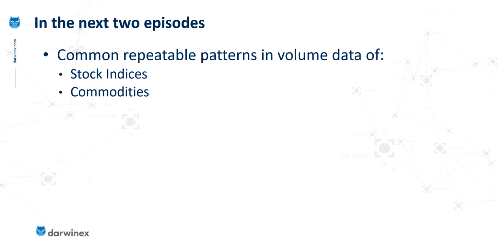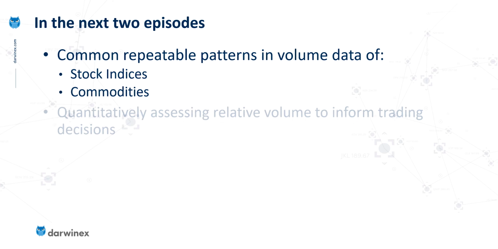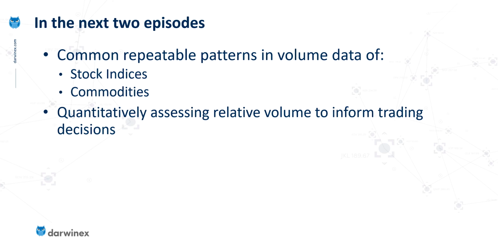Now, just looking ahead one episode further, I'm then going to start to cover techniques you can use to quantitatively assess this relative volume information to meet that objective of informing trading decisions. And this technique that I show you will take into consideration these variances, which is why it's so important we look at what those differences are first.